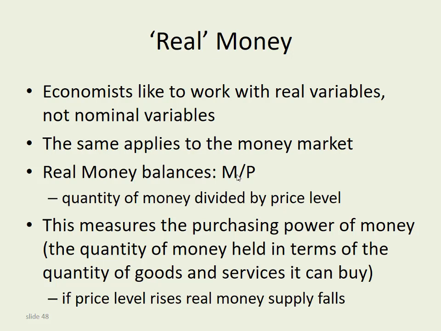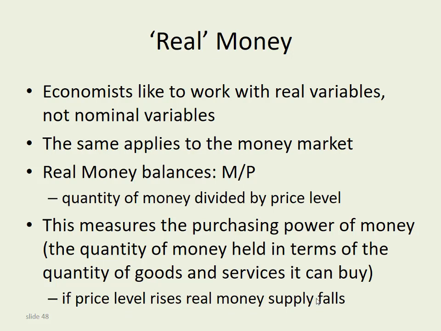If the money balance was 100, say $100 billion in circulation, and the average price of goods was $1, then if you doubled the money but also doubled the price of all the goods to $2, the value of that money would be unchanged. That's why we divide by P. If prices increase, that pulls down the real value of money. It gives you the purchasing power of money. So if the price level rises, the real money supply falls.